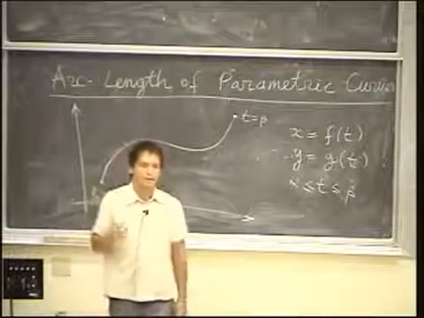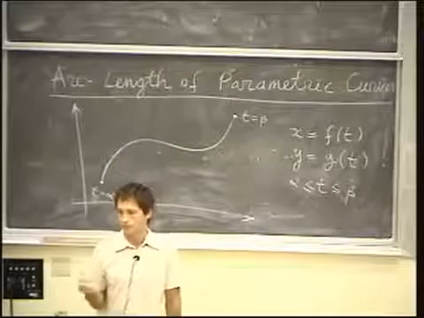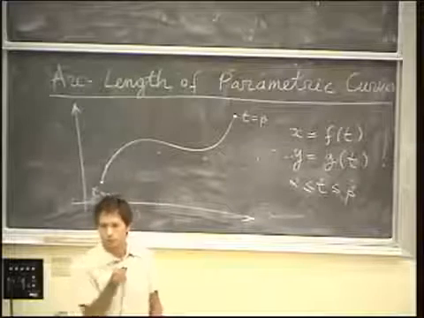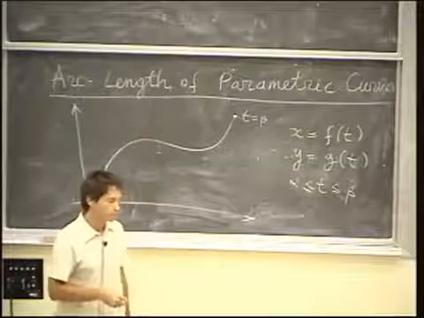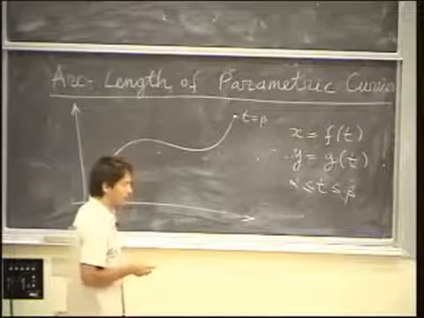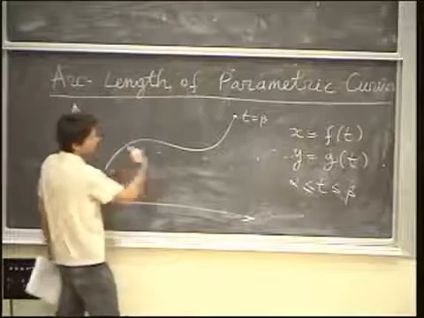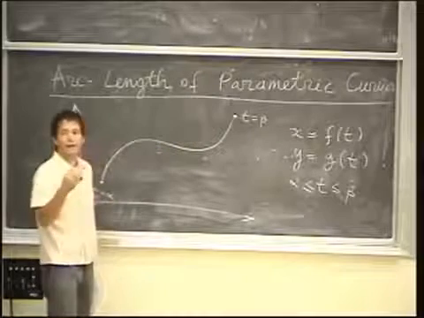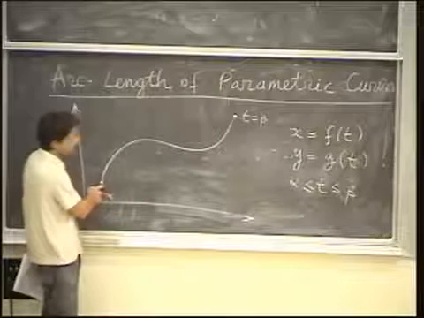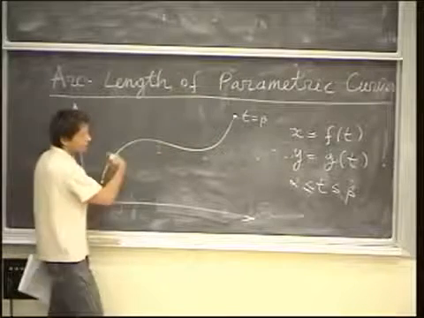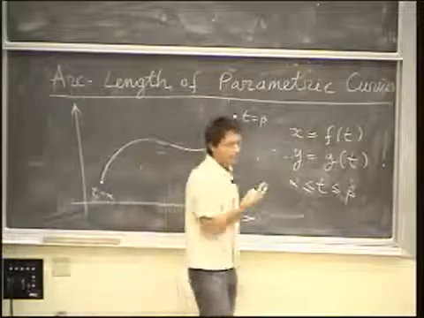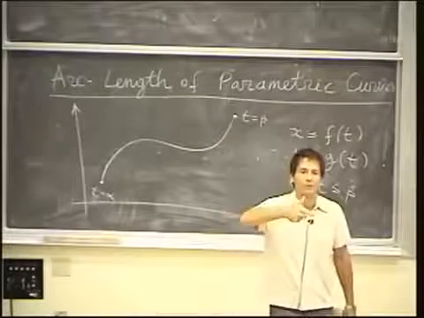Remember, we discussed last time that in the case of areas, it was important to keep track of which endpoint was which. When we compute the area, we have to go from left to right. And it just might happen that the value of t on the left would be larger than the value of t on the right. So then we end up with an integral where the limits are kind of unusual.